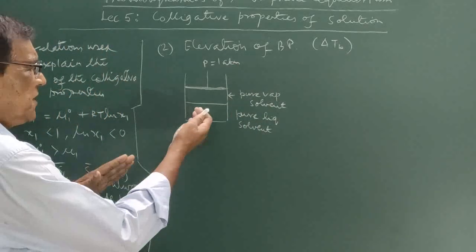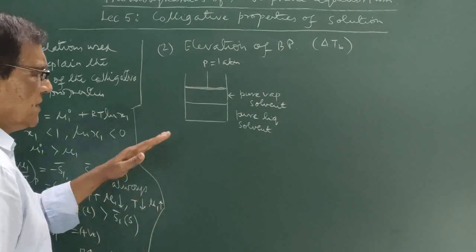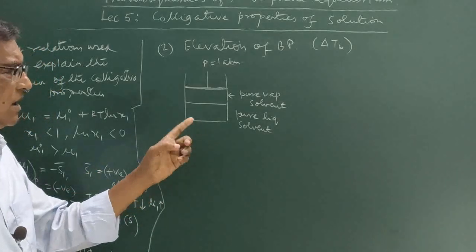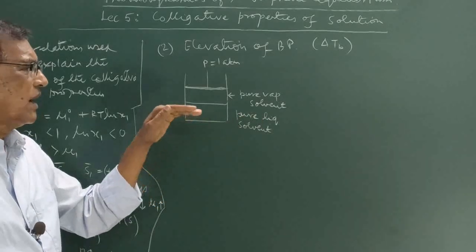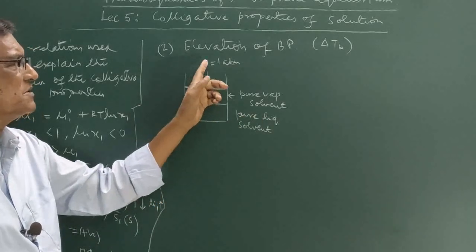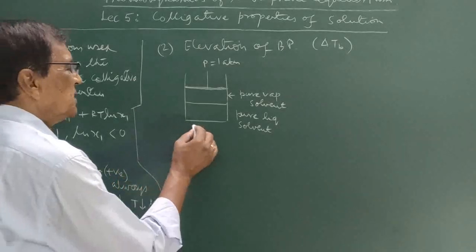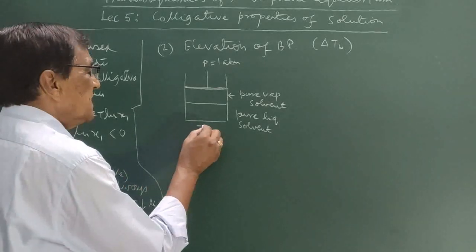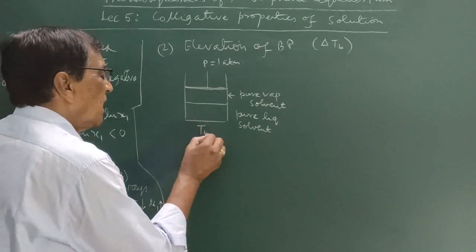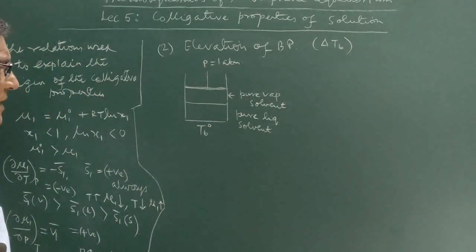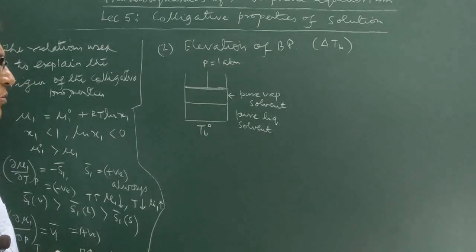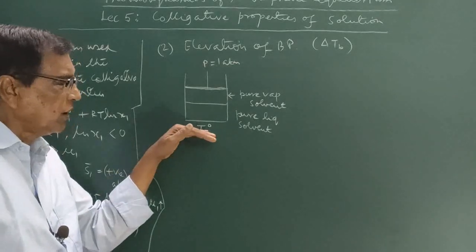And it is the temperature, or you can say the normal boiling point of the solvent, at which the vapor pressure becomes equal to 1 atmosphere. This temperature is denoted by TB naught for the pure solvent, and it is called the normal boiling point.